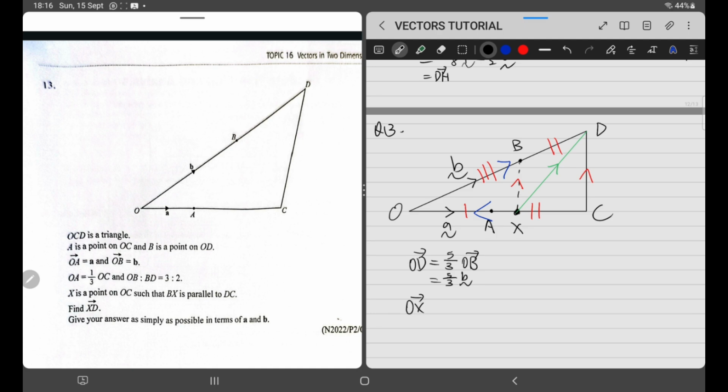Now you need to find XO, which is essentially just the negative of OX. So how can you find OX?